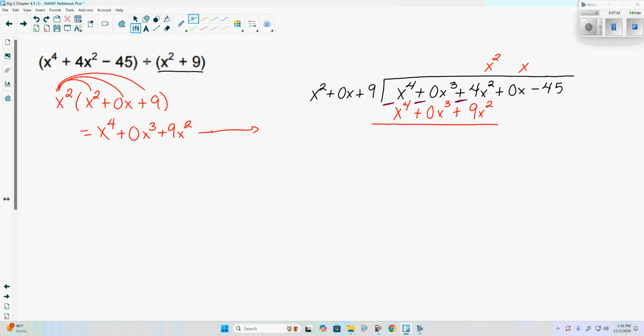And then we're going to subtract. X to the fourth minus x to the fourth is 0, like we wanted. 0x cubed minus 0x cubed is 0. Two ways we can do this. One is I can leave it as 0x cubed. 4x squared minus 9x squared is going to be negative 5x squared.